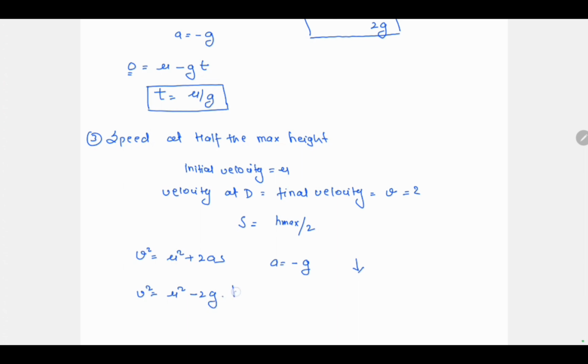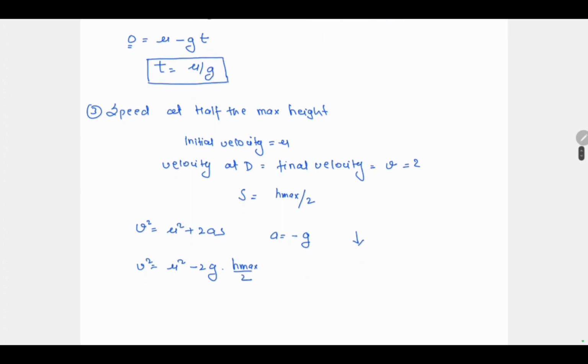What is the s? s is h max divided by 2. Now put the values. v square is going to be u square minus 2, and the 2 got cancelled, g h max. What is the h max? h max is u square upon 2g. g and g got cancelled.